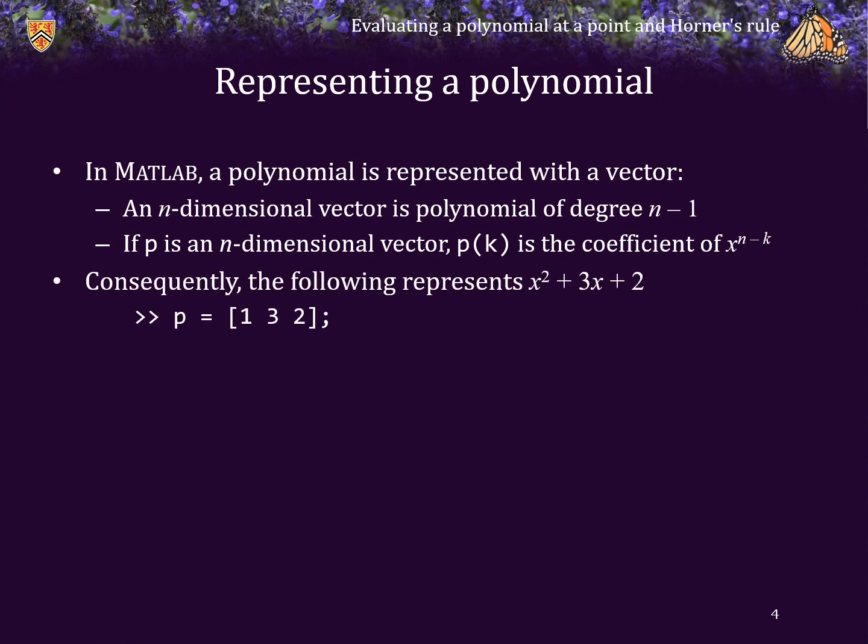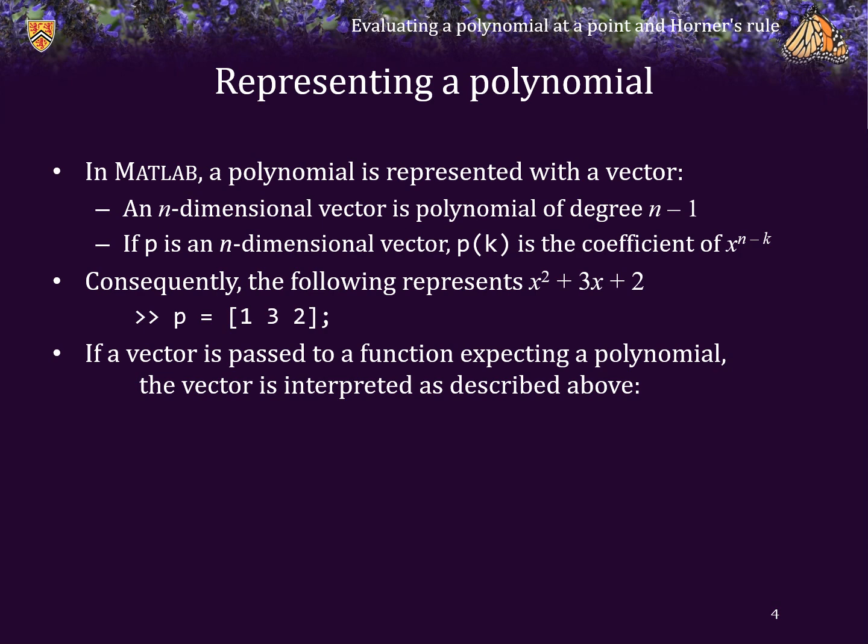So consequently, here we have a three-dimensional vector that represents the polynomial we saw above. And so now you can see that the coefficient of the highest power comes first. It's the last coefficient that is the constant coefficient.